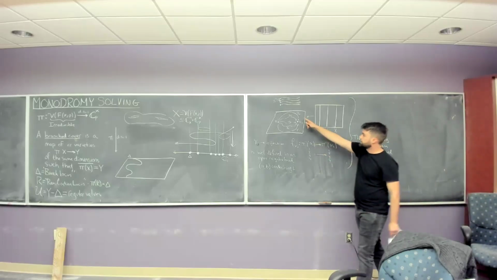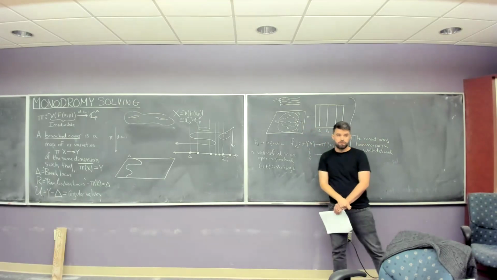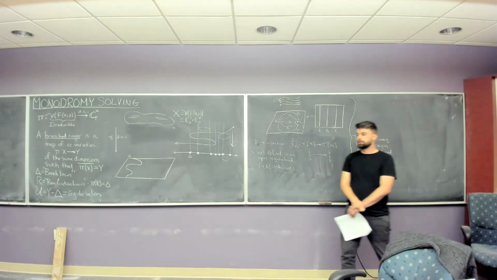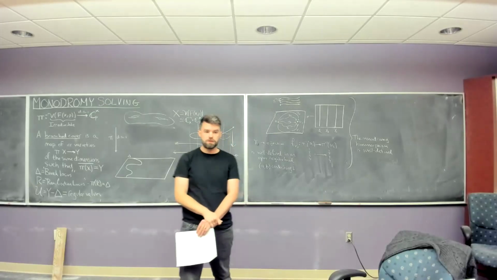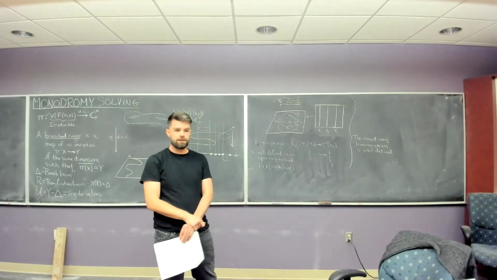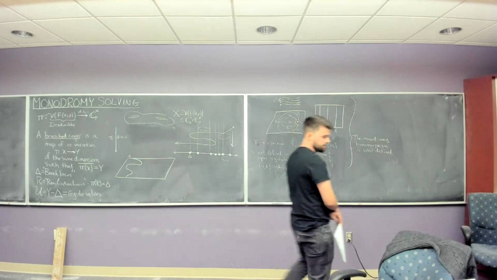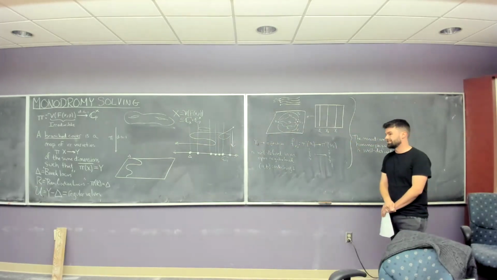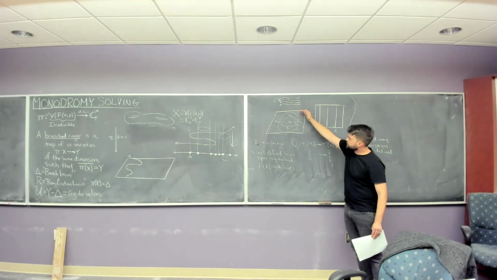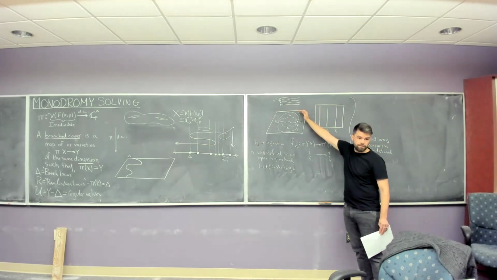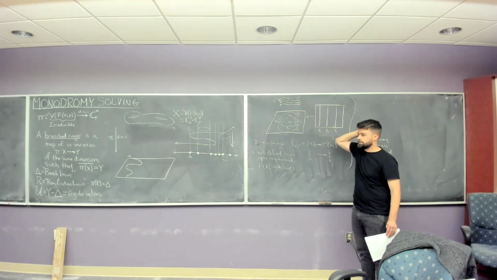So let's say we have two paths, gamma naught and gamma 1, which are homotopic to each other. Now, last lesson, I just told you what homotopic means in the context of loops, but it's the exact same idea here, just the start point and the end point of the paths don't have to be the same. So again, you think about a movie which deforms gamma naught to gamma 1 in a continuous fashion.